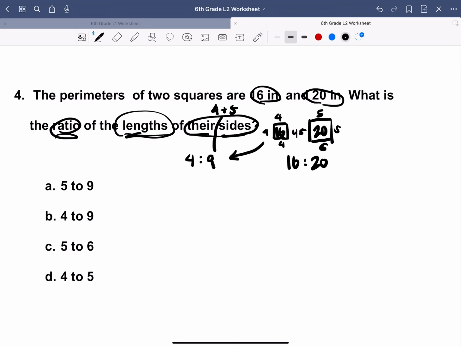So it wants the ratio of the lengths of their sides, which shows that our ratio is 4 to 5. So answer is B.